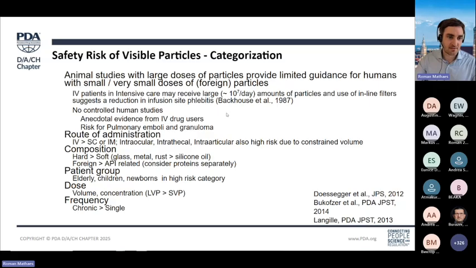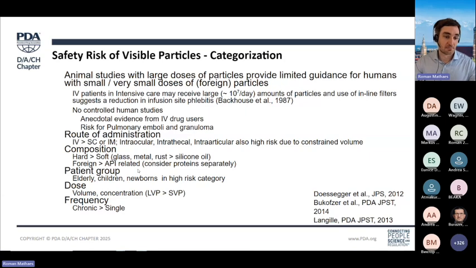Of course, another challenge is that we don't have controlled clinical studies. It would be absolutely unethical to inject healthy humans with different types and concentrations of visible particles. So we don't have systematic controlled clinical studies on the safety risk of visible particles. However, we know that the safety is impacted by the route of administration and the composition.